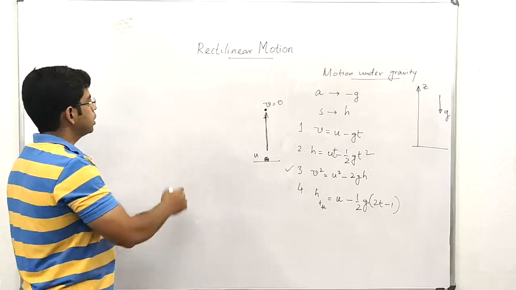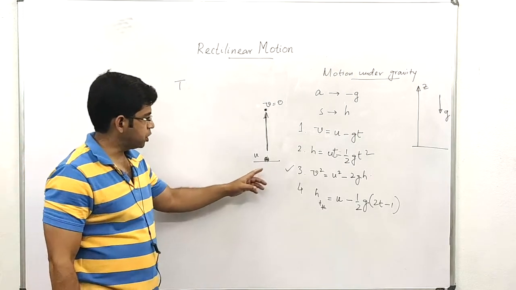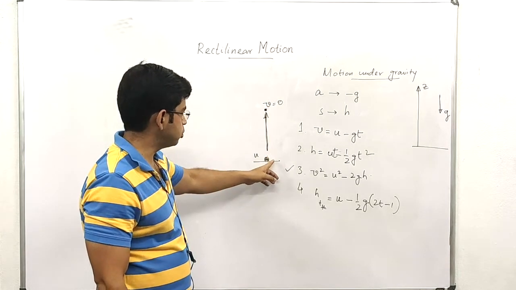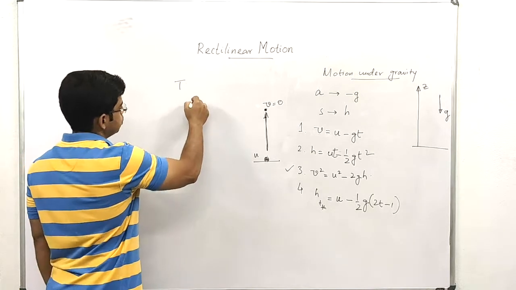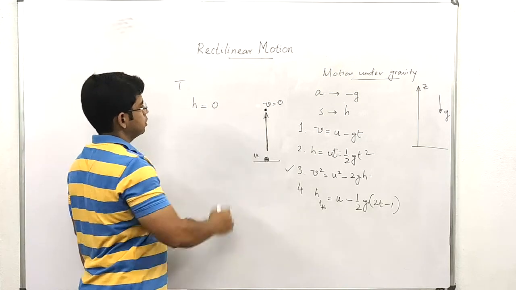Now let us calculate the total time of flight, which we denote as capital T, after the object is thrown with initial velocity u, reaches the maximum height and comes back to the Earth's surface. Because the object comes back to the Earth's surface, the total displacement h will be 0.